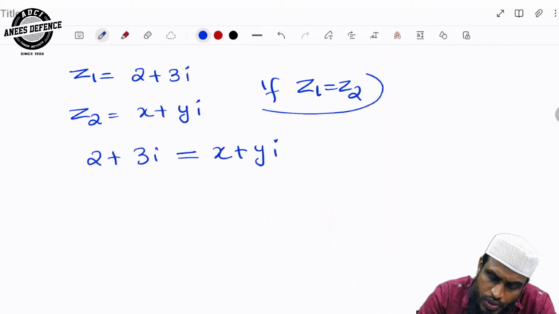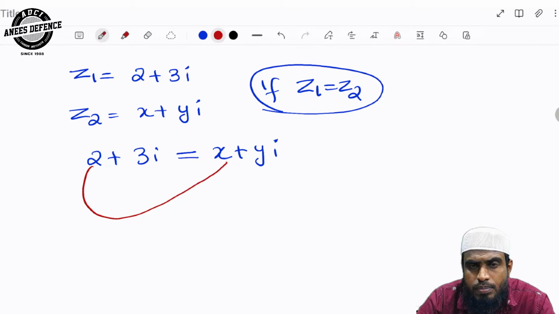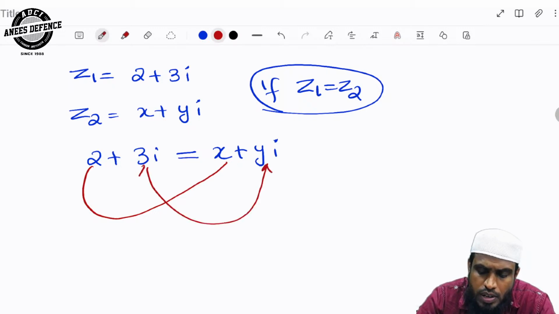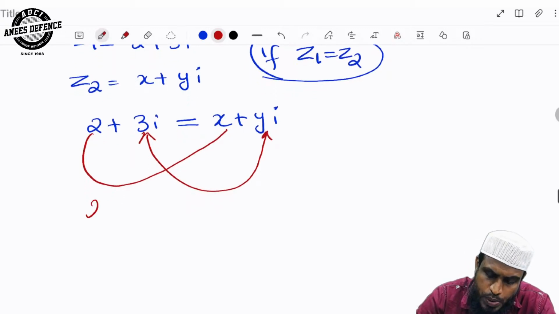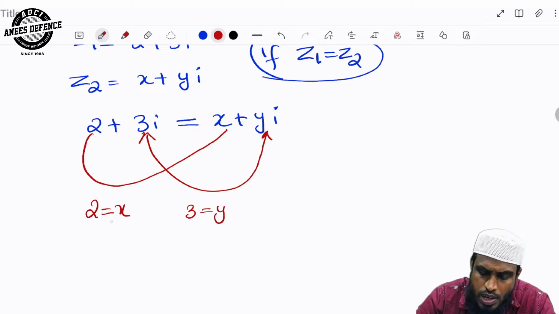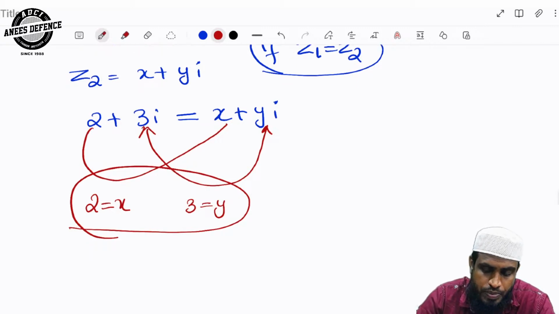If this is to be valid, then the corresponding real terms should be equal and the corresponding imaginary terms should be equal. That means 2 should be equal to x and 3 should be equal to y. If this condition is satisfied, then only you can say that these two complex numbers are equal.